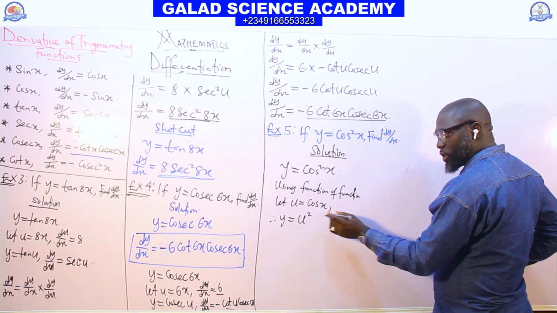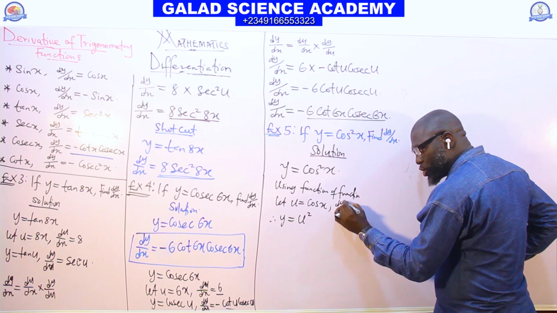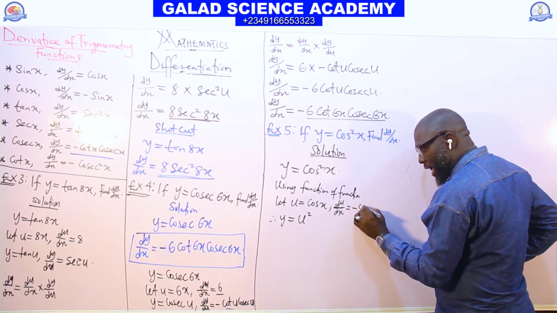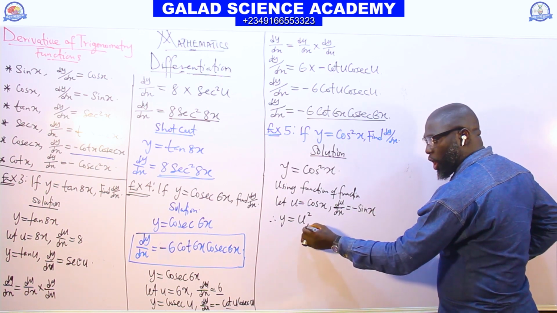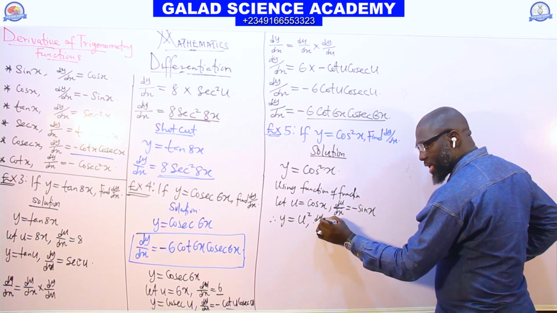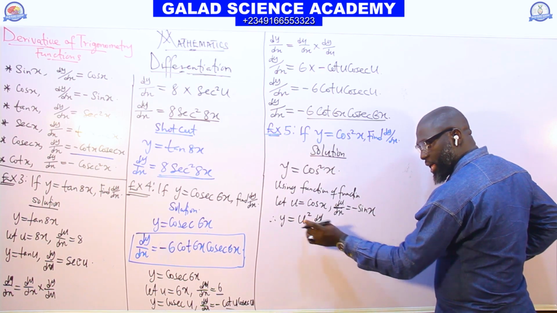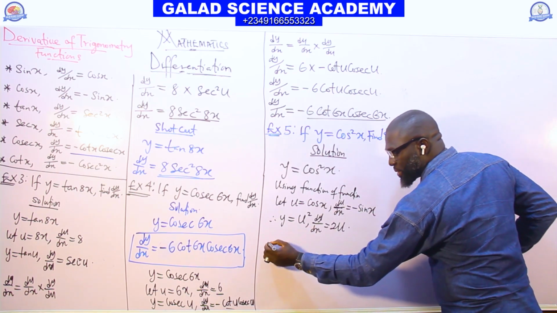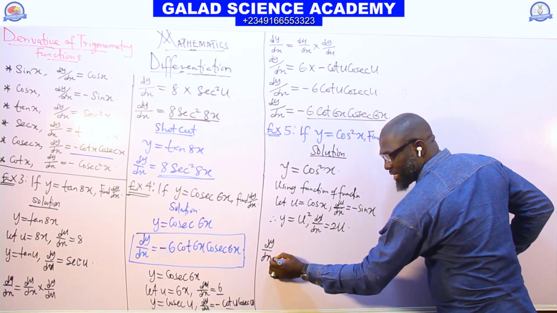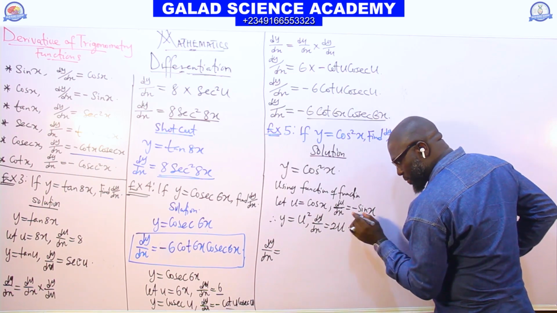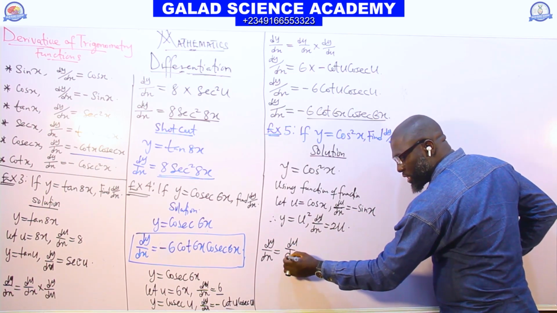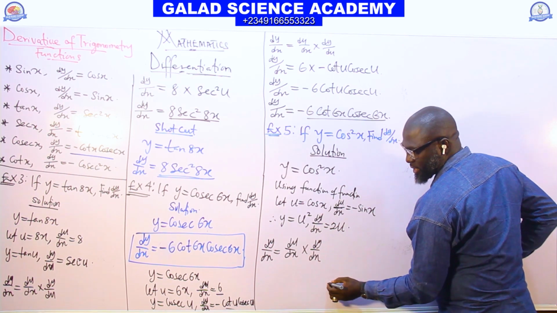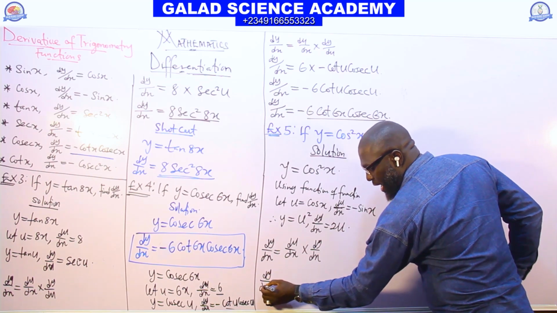The next step is to find du/dx. du/dx for cos x will be minus sine x, and dy/du here is 2u. Function of function: dy/dx will be du/dx multiplied by dy/du.